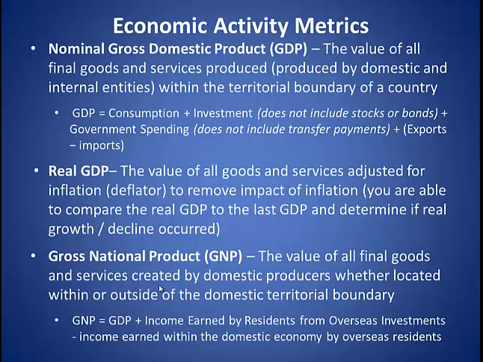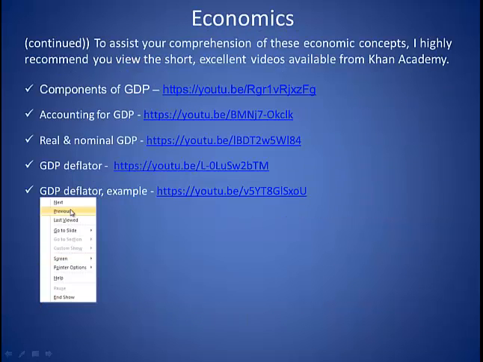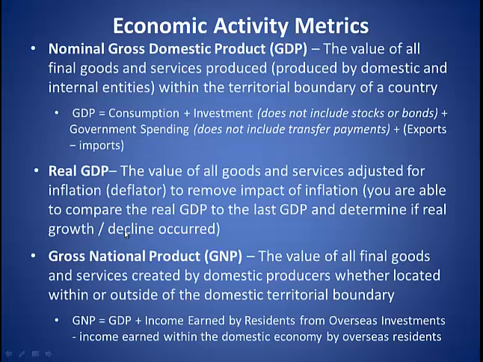So this would be basically any U.S. producers, whether they're within the United States or outside of the United States. And GNP equals GDP plus income earned by residents from overseas investments minus the income earned within the domestic country by overseas residents.